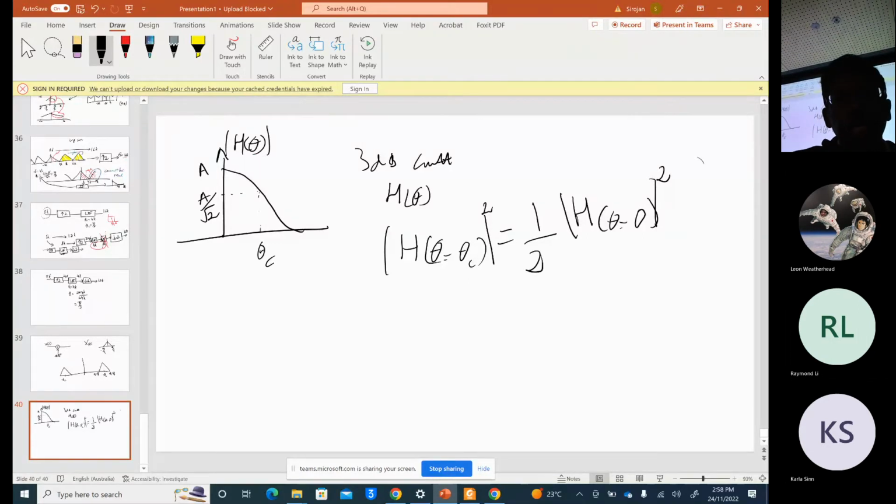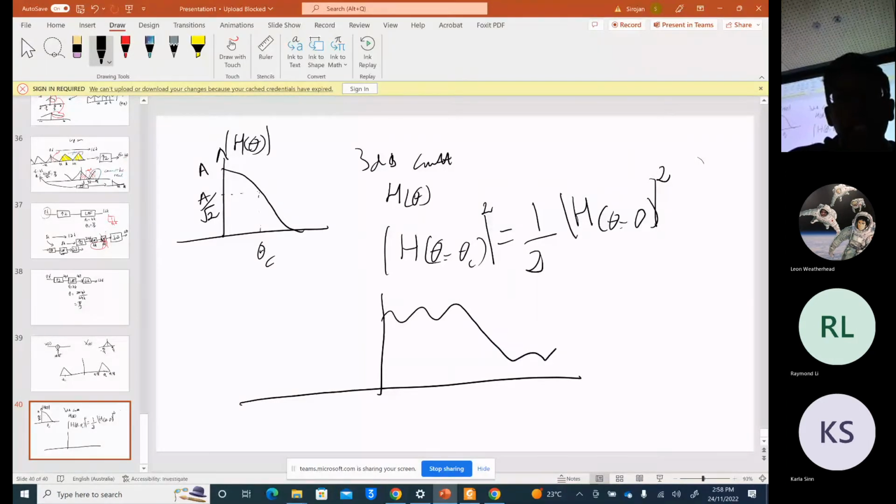Another thing I wanted to say is the filter specifications. If you have this filter, remember this one. So what are these specifications? This is the gain.